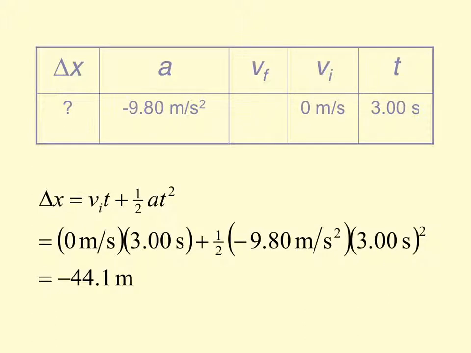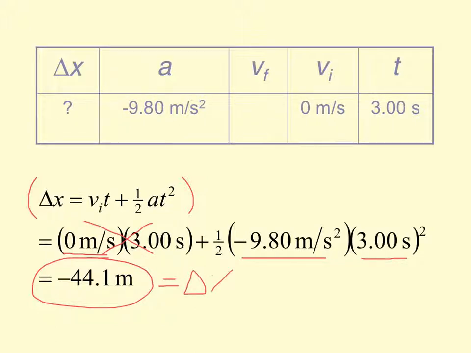The equation I would use for the Fab 5 would be this one that doesn't involve velocity final at all. If I plug in my 0 initial velocity, that cancels that out, and I plug in my assumed acceleration and time, I end up solving for the problem algebraically and get a negative 44.1 for my displacement. What does a negative 44.1 really mean?